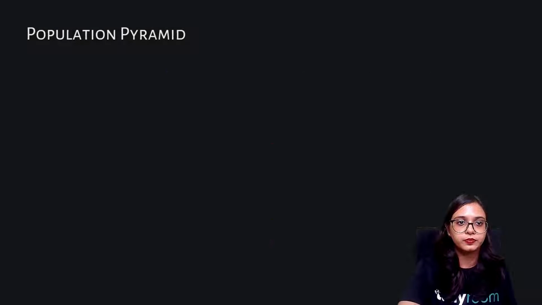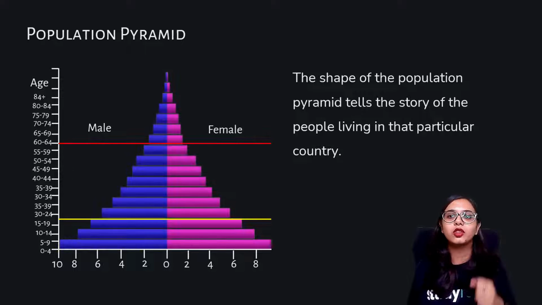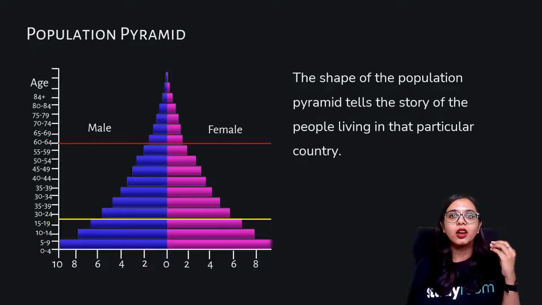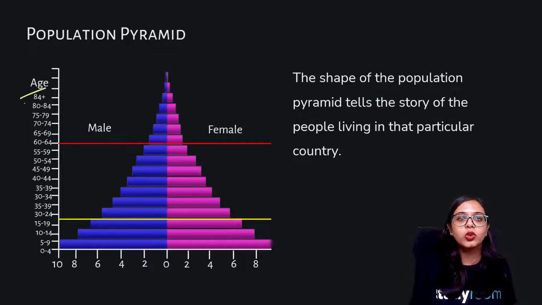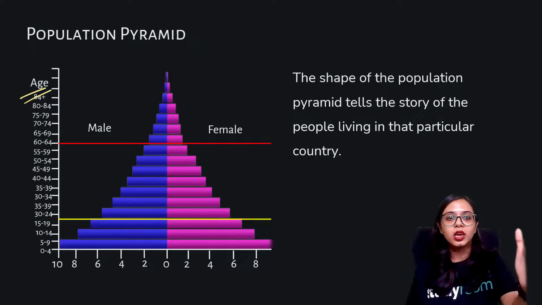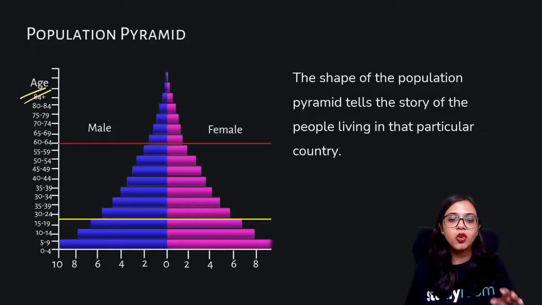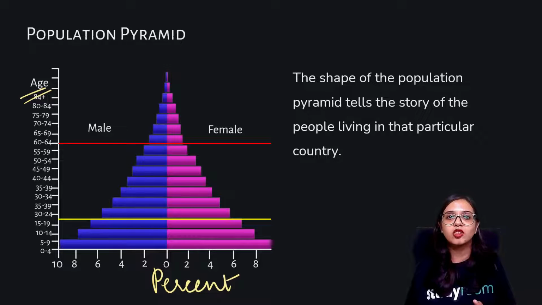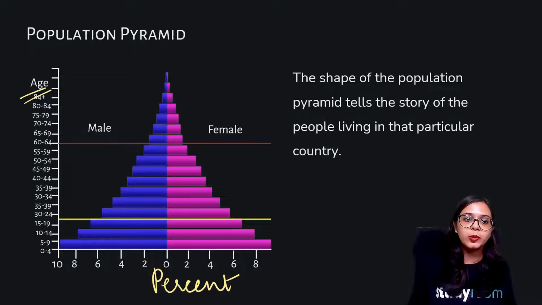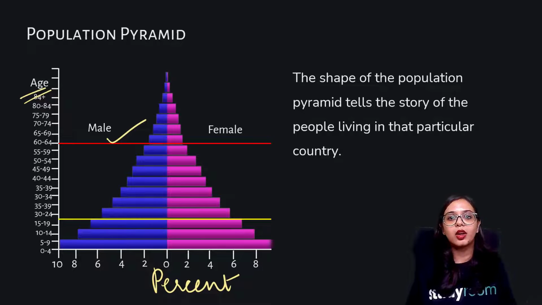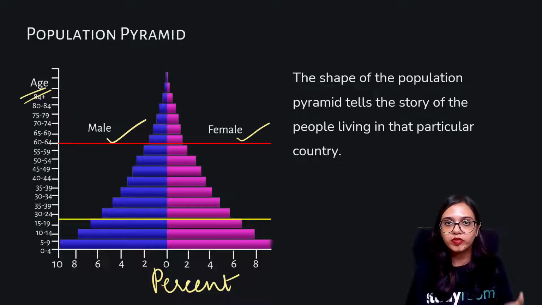So a population pyramid, like I told you, is the graphical representation of two important parts of population composition: age versus sex. Age is illustrated across the percentage of population, and this is divided imaginarily. On the left hand side we will be talking about the males, and on the right hand side the females.